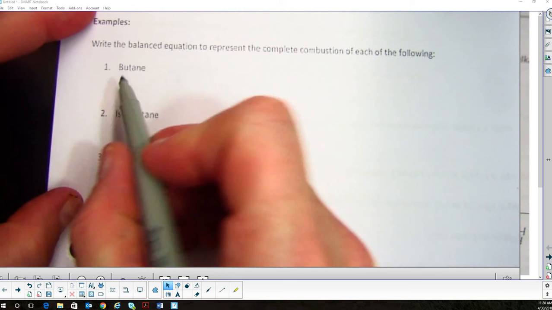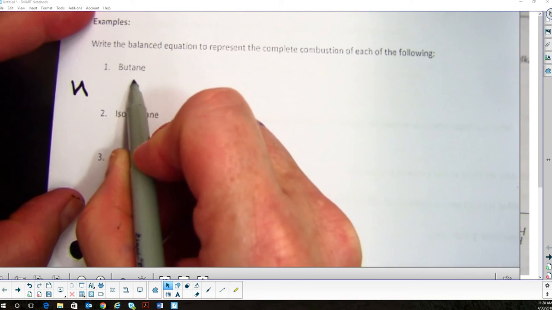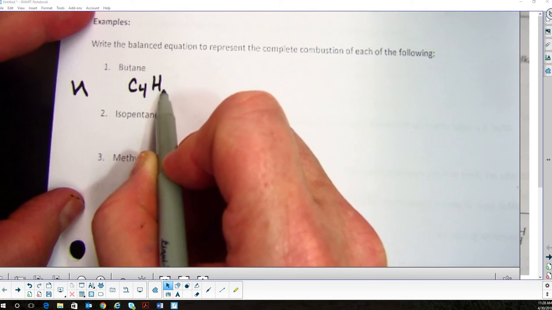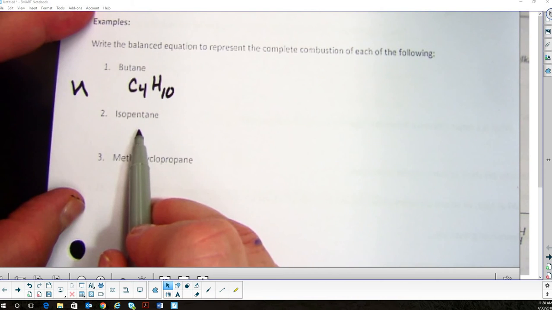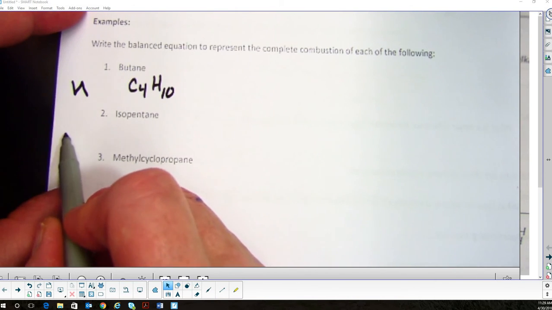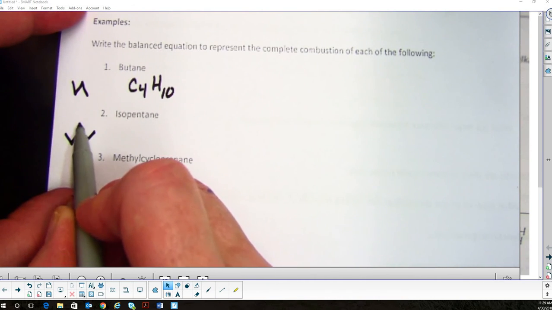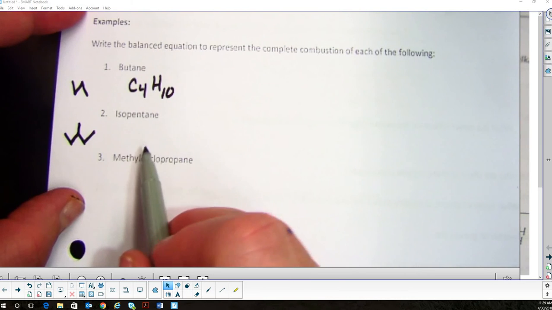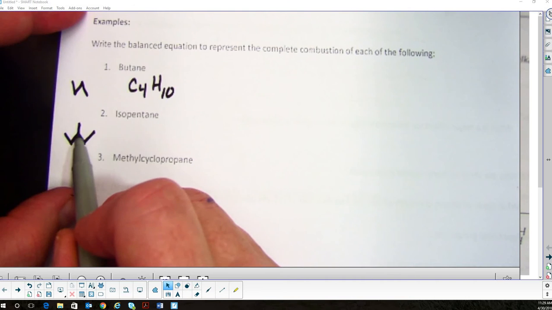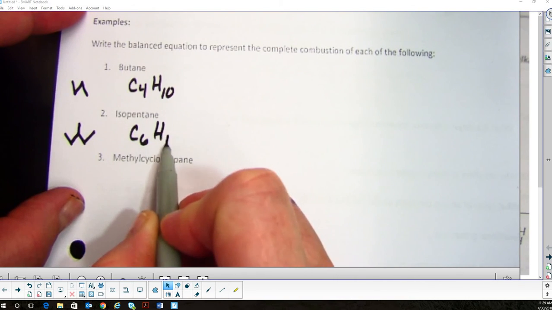So let's go ahead, and butane is just 1, 2, 3, 4, and it would be C4H8 plus 2 is 10. Isopentane, so we have 1, 2, 3, 4, 5 with 1 coming off, because iso means the same on both sides. So we would have 1, 2, 3, 4, 5, 6, H12 plus 2 is 14.